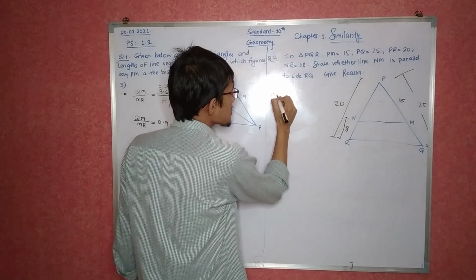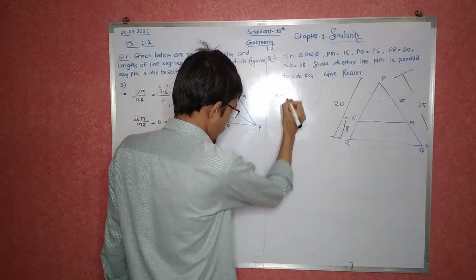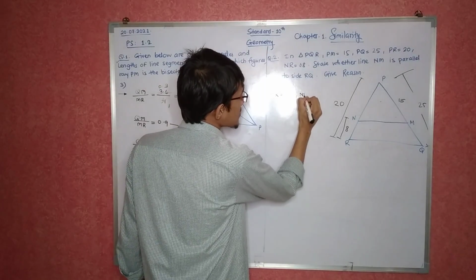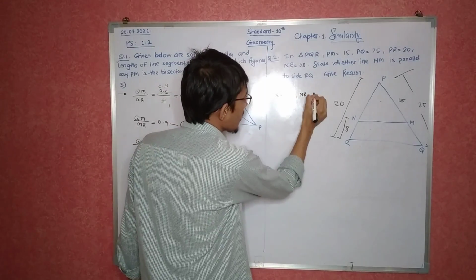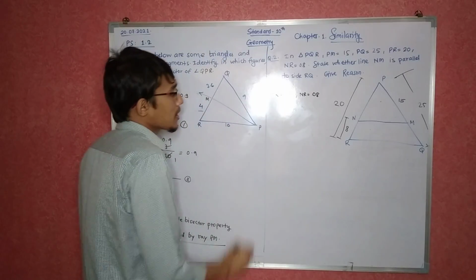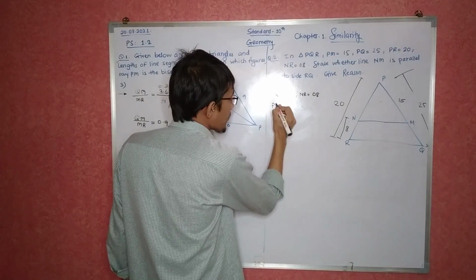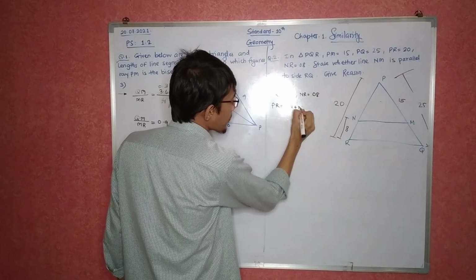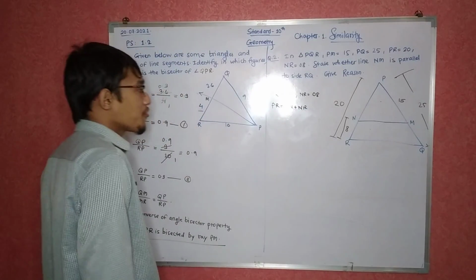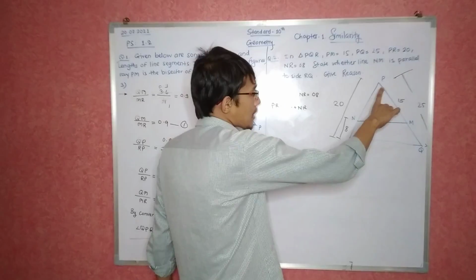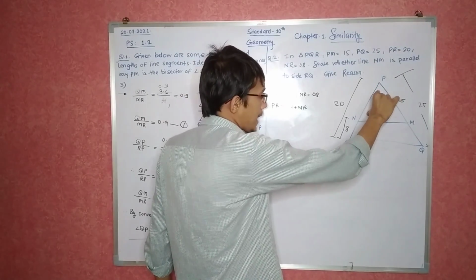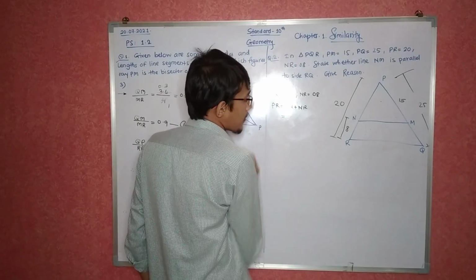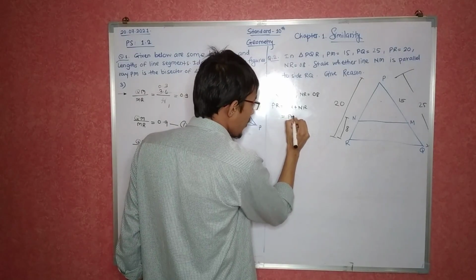The value of PR is given, that is 20, and NR is given as 8. So we can write PR equals PN plus NR. From the figure itself we can see that PR is nothing but PN plus NR. PN we don't know, so we have to find it.